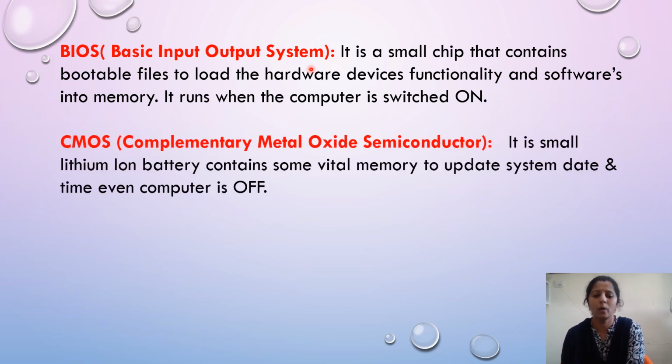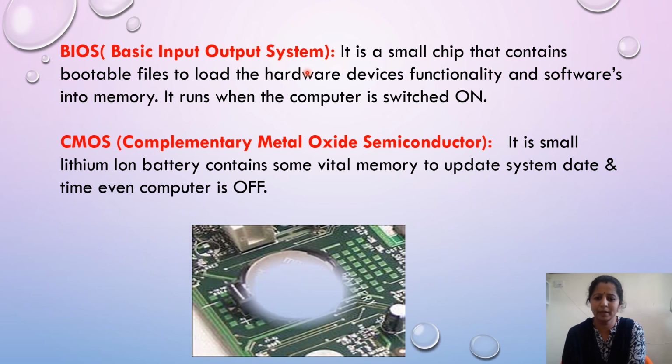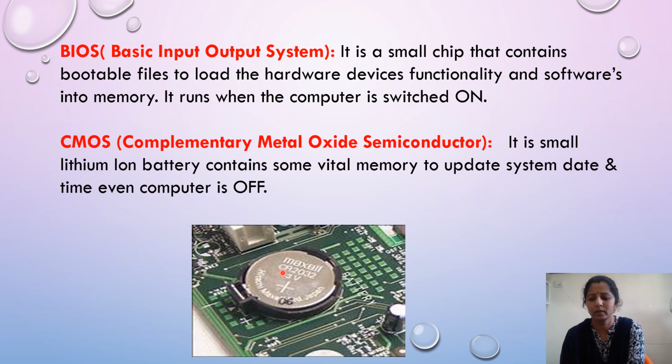Then the complementary metal oxide semiconductor. Did you notice that even though your system is off, once you switch on the next day, the time and date get updated, right? That is done by your CMOS. Even though the system is off, the battery provides power for the computer to update the date and time.